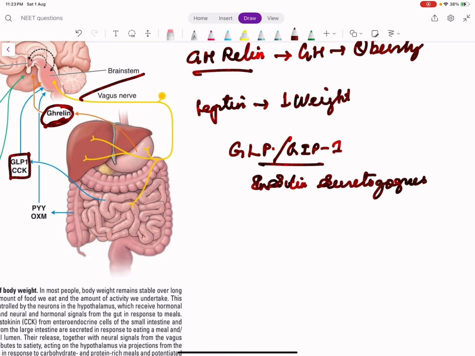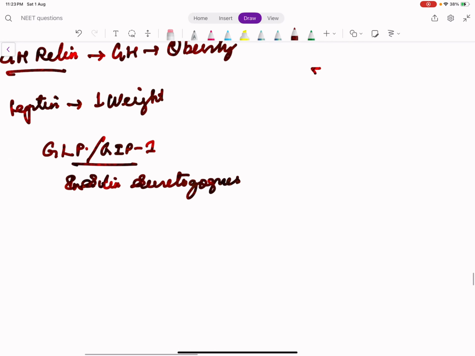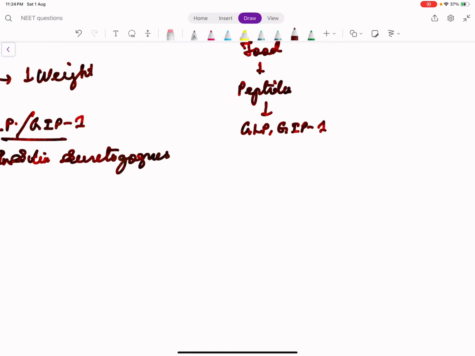So when we take food, they break down and some peptides are formed. These peptides in turn stimulate these hormones, GLP and GIP. So these are some of the intestinal hormones, paracrine hormones which are produced.